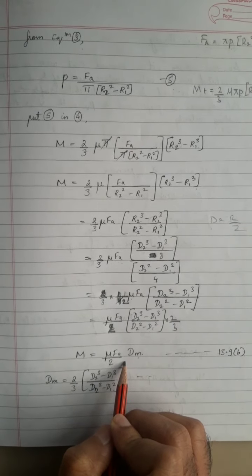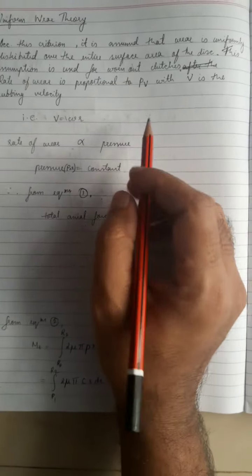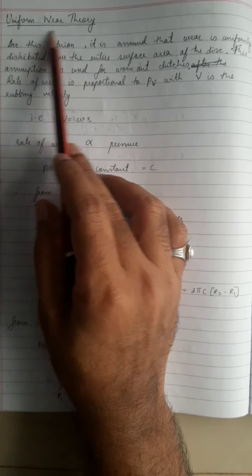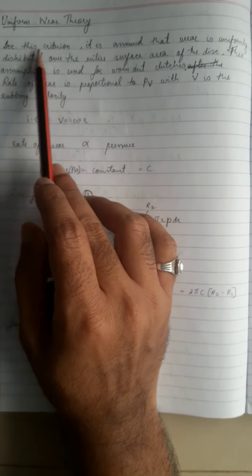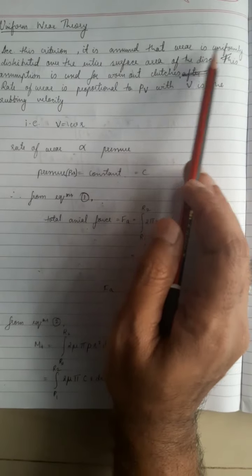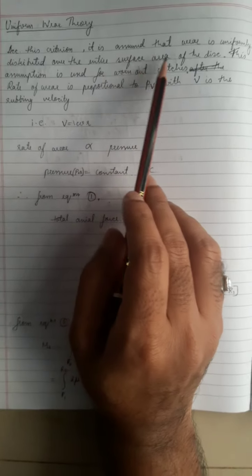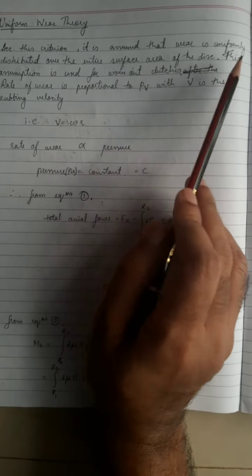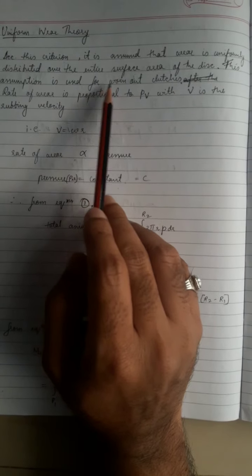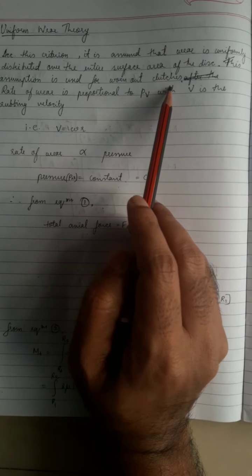Next, let us see the uniform wear theory. According to this theory, it is assumed that wear is uniformly distributed over the entire surface area of the disc. This assumption is used for worn-out clutches.